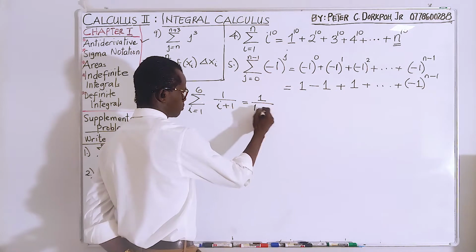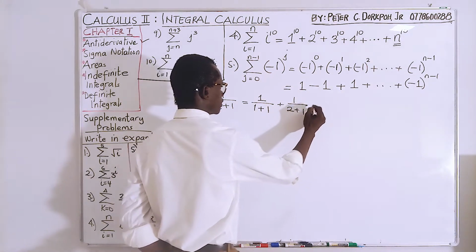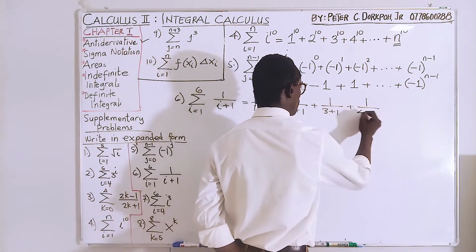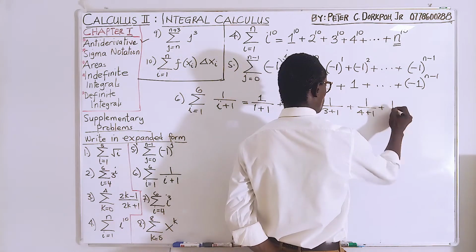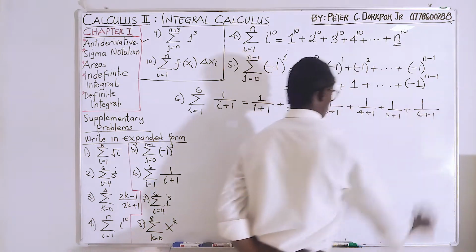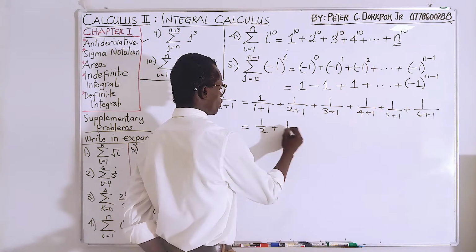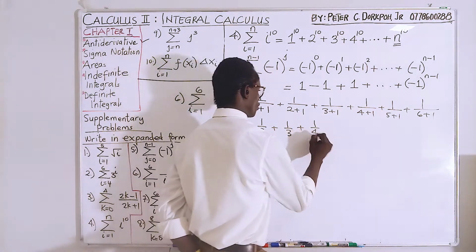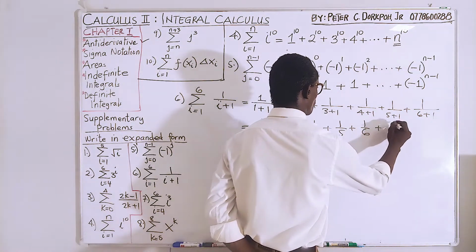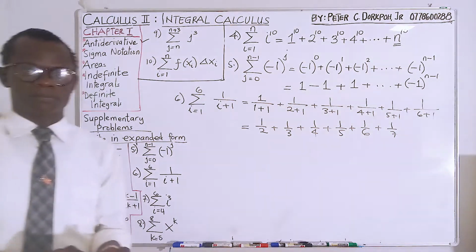R is 1, so it's 1 plus 1, plus 1 over 2 plus 1, plus 1 over 3 plus 1, plus 1 over 4 plus 1, plus 1 over 5 plus 1, plus 1 over 6 plus 1. So if we further simplify, we have 1 over 2 plus 1 over 3 plus 1 over 4 plus 1 over 5 plus 1 over 6 plus 1 over 7. So this will be the expansion for this one.